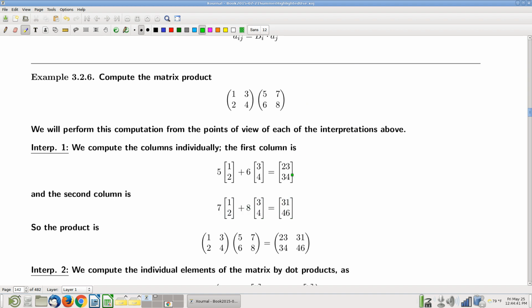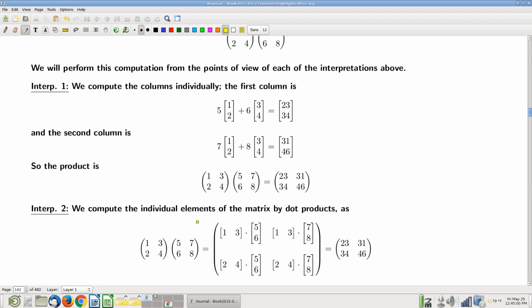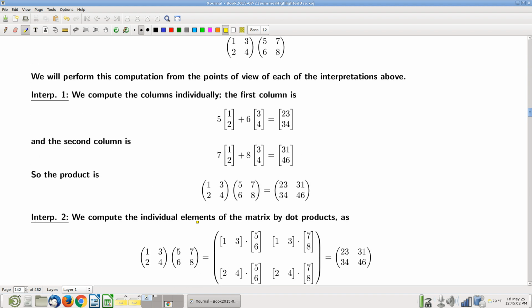So, straightforward process. And notice that this first column, this second column gives us our product. Now, you can confirm, if you're uncomfortable with this process of what we did here, you can confirm by doing it the second way. You can take these exact same matrices and, row dot column like you're accustomed to.